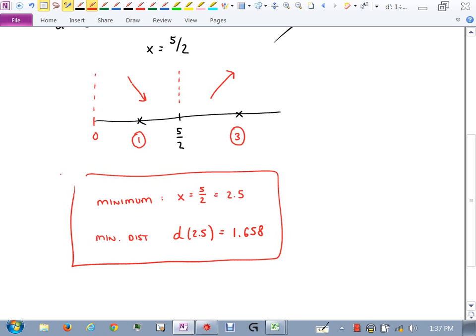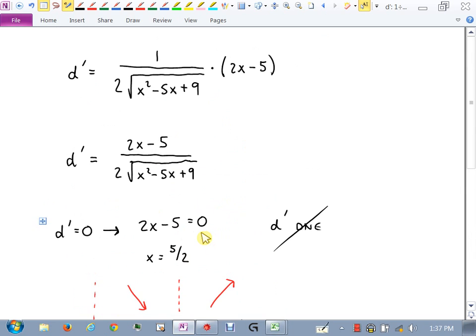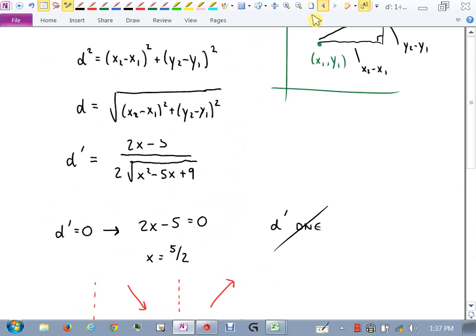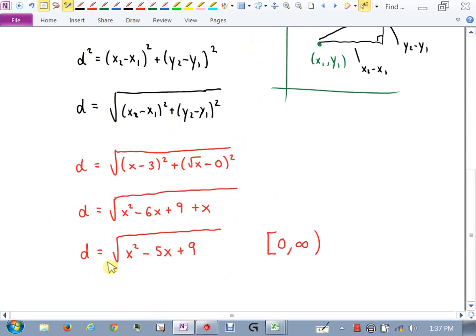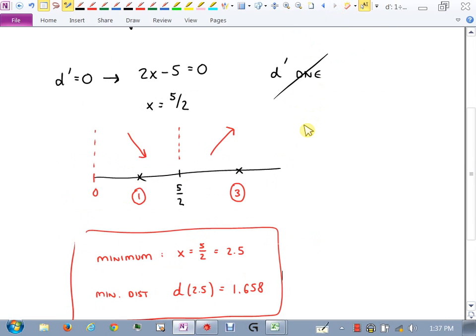The original function, d of 2.5, not the d prime, the d, which is any of these. I used the last one. I got 1.658. Yeah.